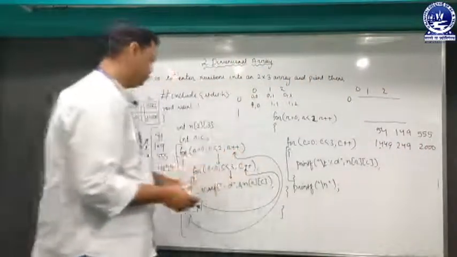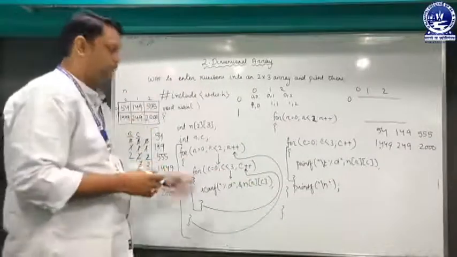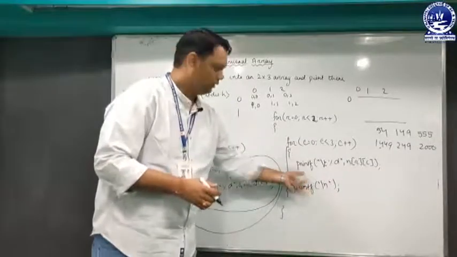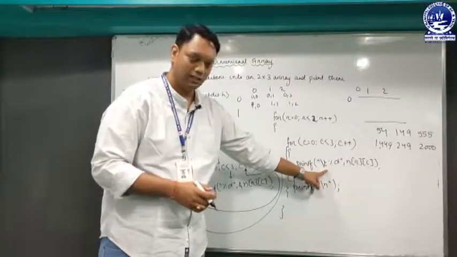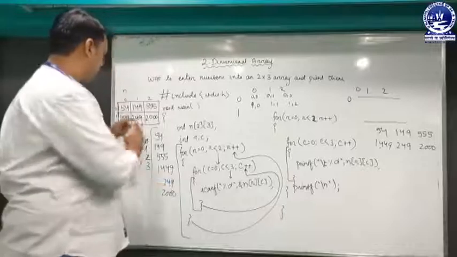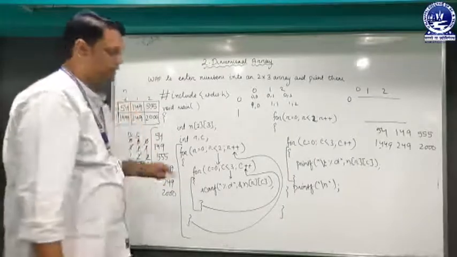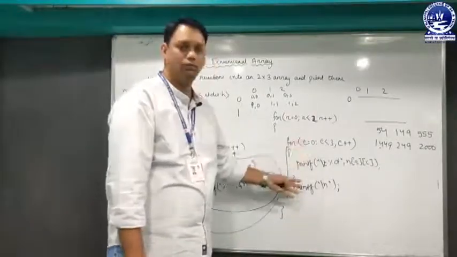So if we want to print all the numbers in a single line, then this line is enough where we will be writing the escape sequence as \n, and if we want to print the numbers row and column wise, then we have to use this format for printing the values.